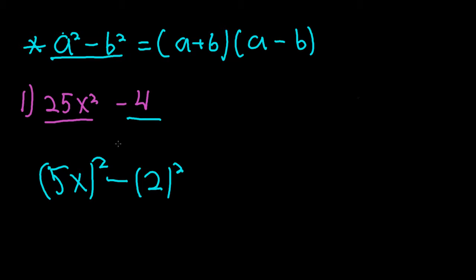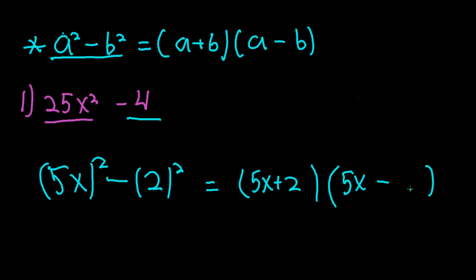But by looking at this, I now know that this must be equal to, according to our formula, (5x plus 2) times (5x minus 2). I'm simply finding that my a value in this case is 5x and my b value is 2, and replacing everything in our formula here.